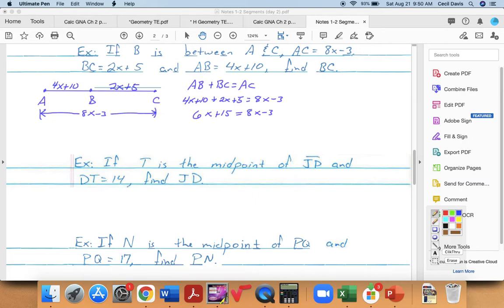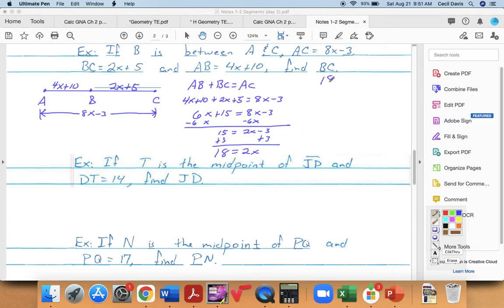I almost always move the x's first when I'm solving equations. I always subtract the smaller one from the larger one. So that's going to be 15 is equal to 2x minus 3. Add 3 to both sides. I get 18 is equal to 2x.